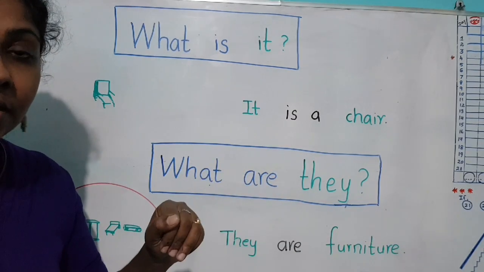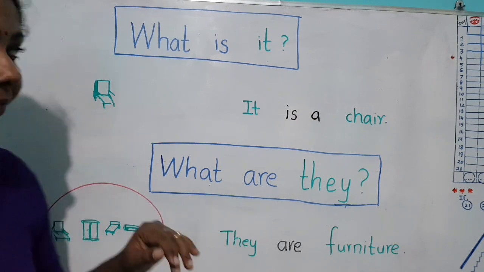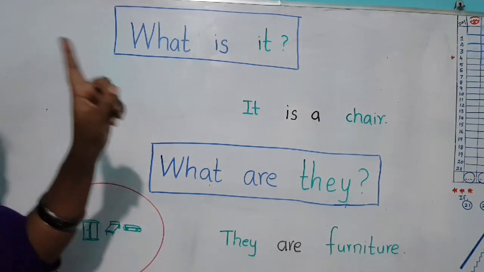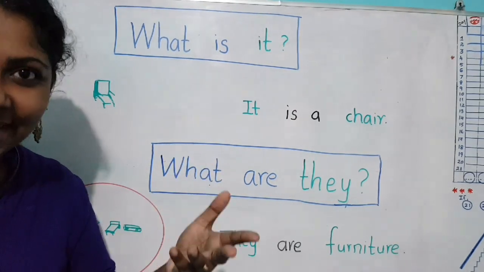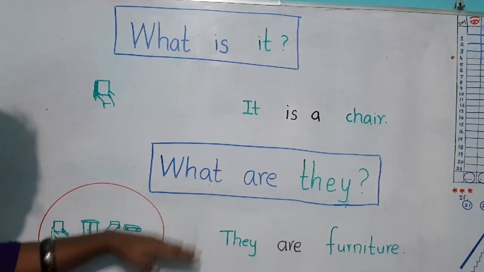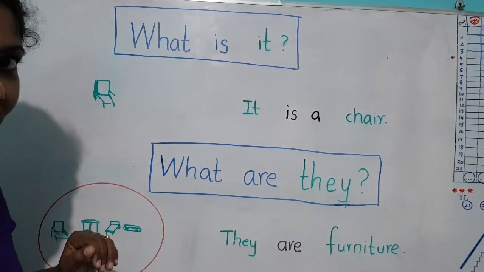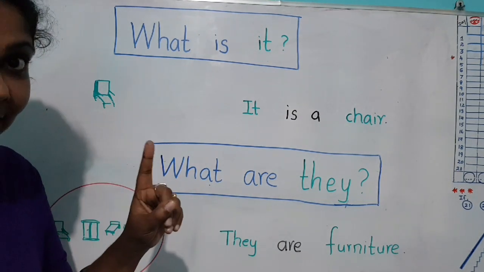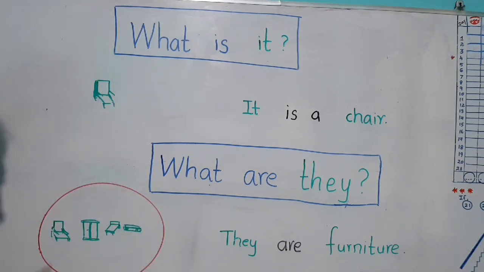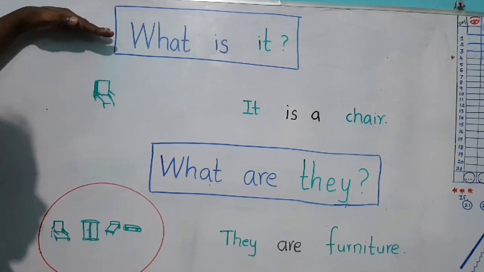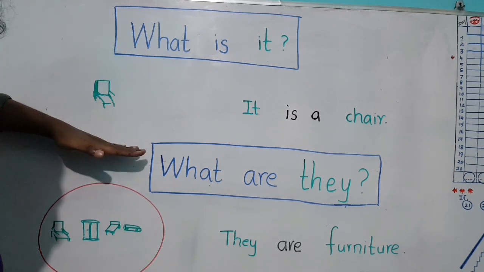There are many furniture. 1 chair. 2 chairs. Furniture. No S. Remember. Copy down. Question.